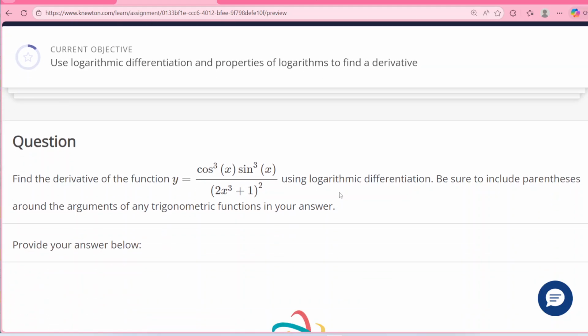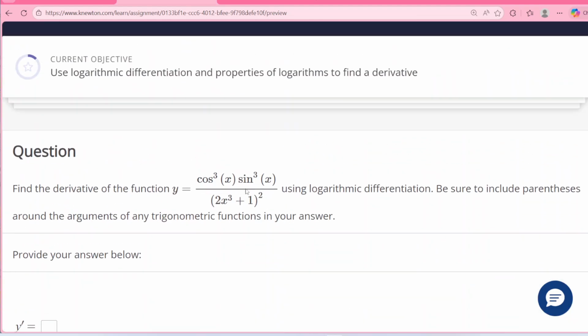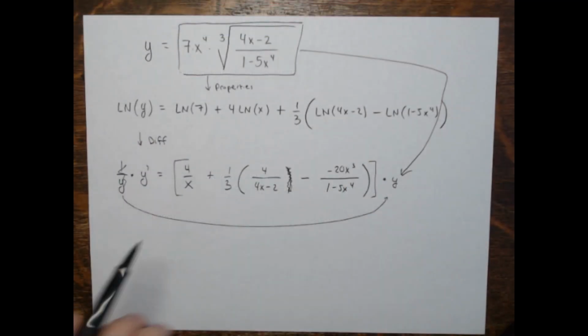All right, so this is similar, where I'm going to rewrite this using logarithms and then do this logarithmic differentiation procedure. Pretty similar to the last one, just with a lot of cosines and sines.